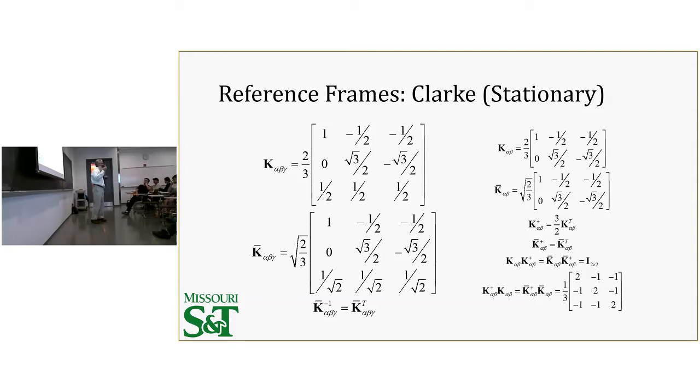This is, I'm sure, familiar to most of the people in this room. We have the Clark transformation that takes the ABC into alpha, beta, gamma, and there's either the power conserving or non-power conserving variation. Then we have the alpha beta part where we discard the zero sequence, the gamma.